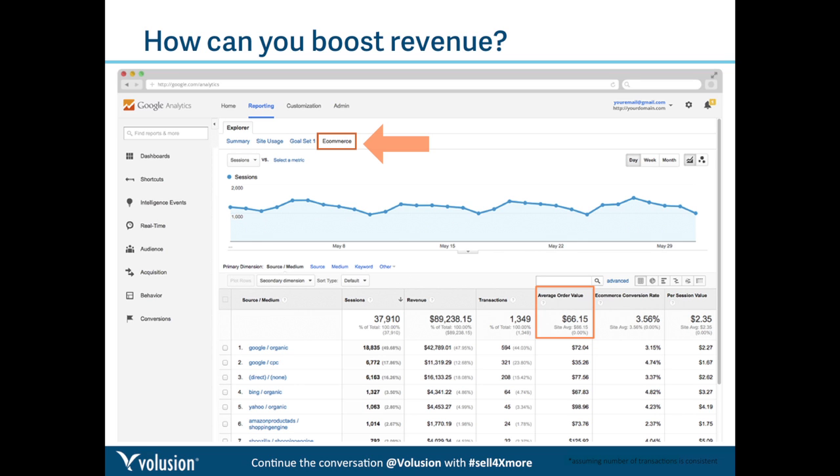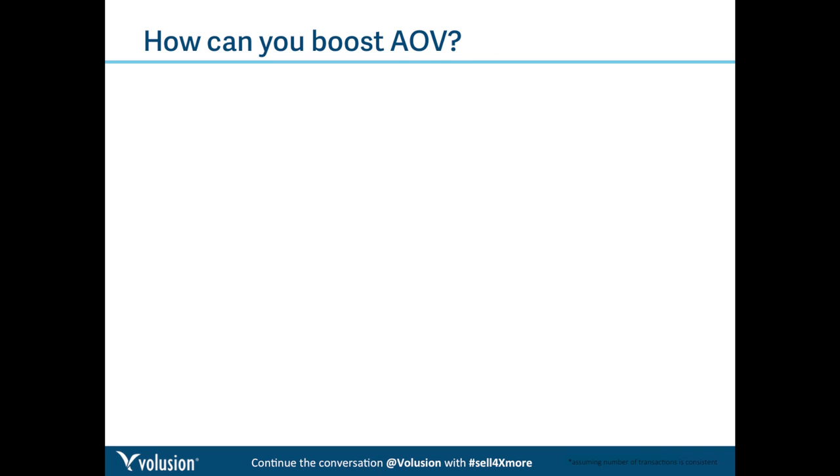In this case, you can see this store owner's average order value is 66, which is just below 75, which is kind of a pretty standard level for getting promotions. So, to increase the average order value, which would then increase monthly revenue, assuming sessions and transactions are the same, this merchant could offer free shipping for orders over 75. They could offer a small gift.